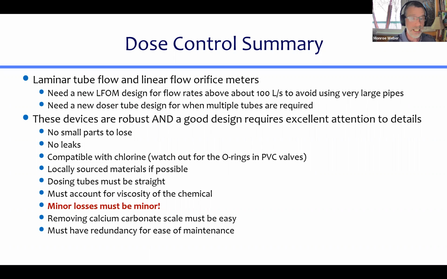They need to be designed so that there are no small parts to lose. I'll give another example of things that we learned. Early on, we were experimenting with what connection system to use to connect between the small tubes and other plumbing pieces. We got some quick connect plumbing, and those quick connect fixtures have little parts that can come apart.